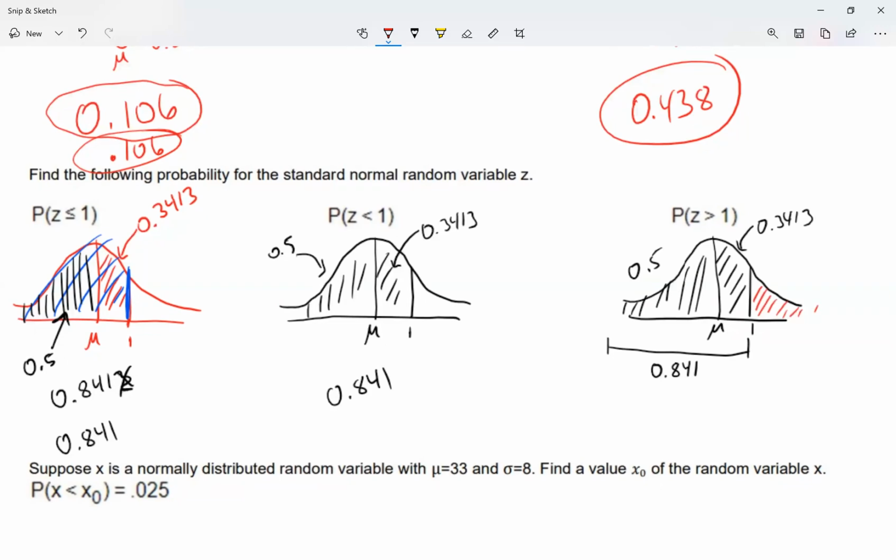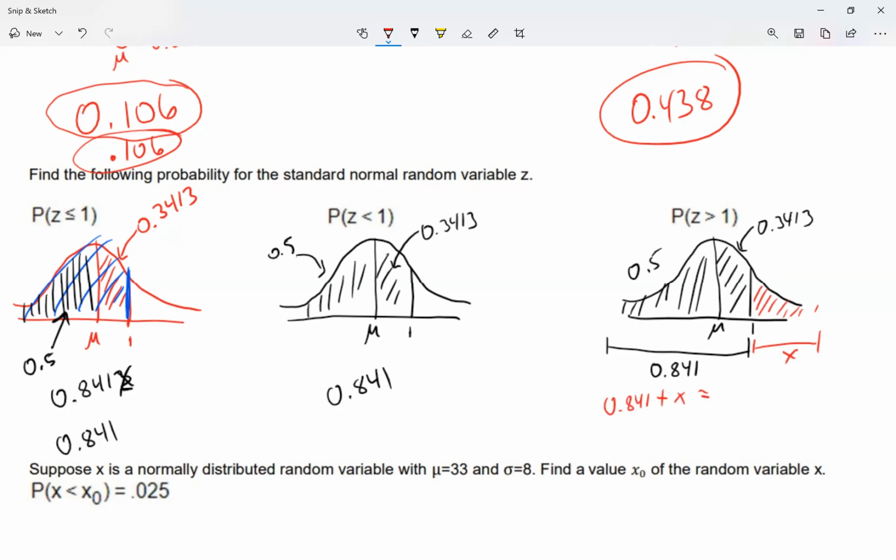A couple of things I could do. One of them, let me call this x. I learned in algebra that when I don't know the value of something, I call it a variable. So let me call that x. And I'm just going to say 0.841 plus x. So I combined those, and that gives me the area under the whole graph.